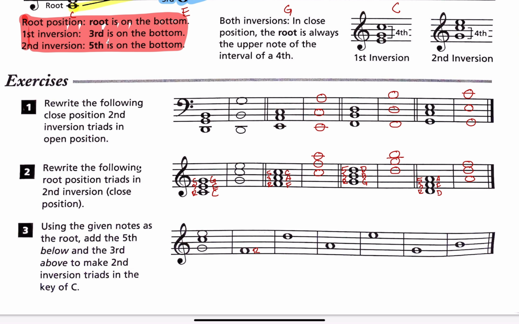So, this is an F chord because F is our root, which means we need an F, an A, and a C. In second inversion, the fifth of the chord is now the bottom. So the bottom note is going to be C, F is the root, A is the third.